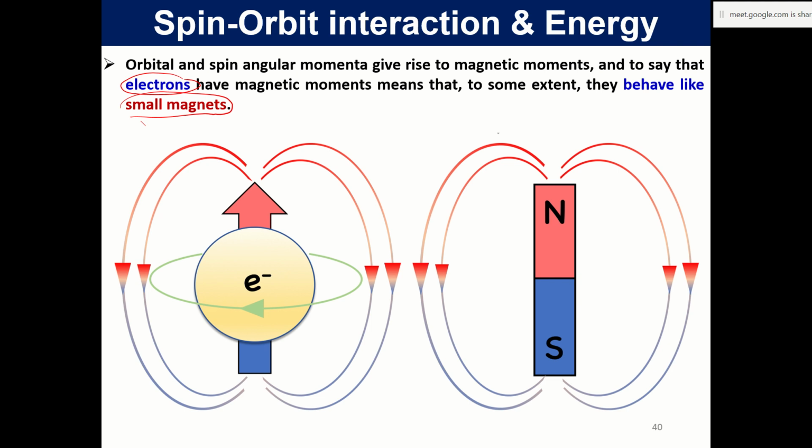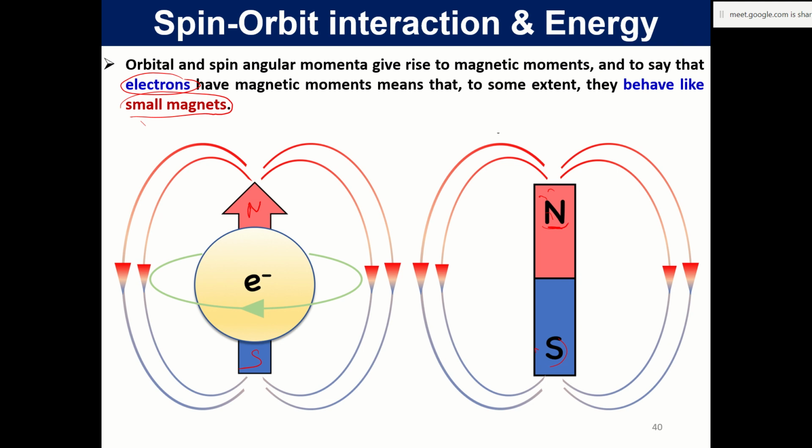You have this field, a magnet placed on the right hand side, and in the same manner you are visualizing. See the color coding: this is north, this is south, and the electron also has that north and south. So this is the dipole we were talking about.